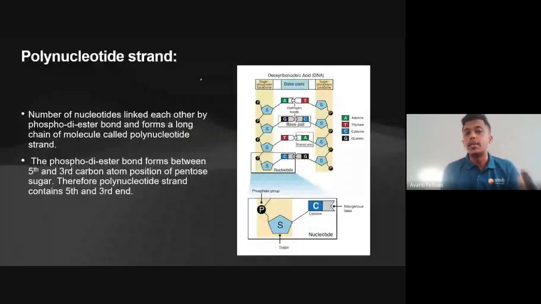Now we have to talk about how a polynucleotide strand is constructed. Let me go back a little bit. If you ask anybody who is a general biology student who has just passed 10th class, even though they don't know the structure of DNA, they would write something like this, correct?